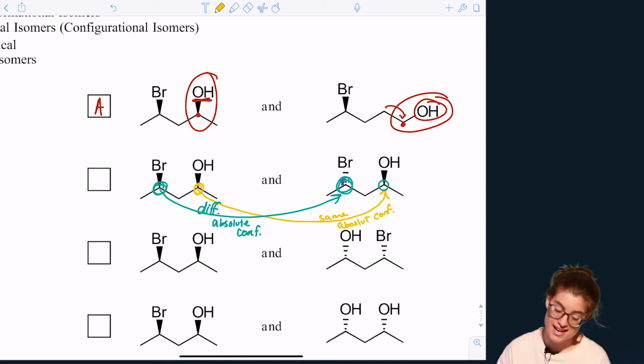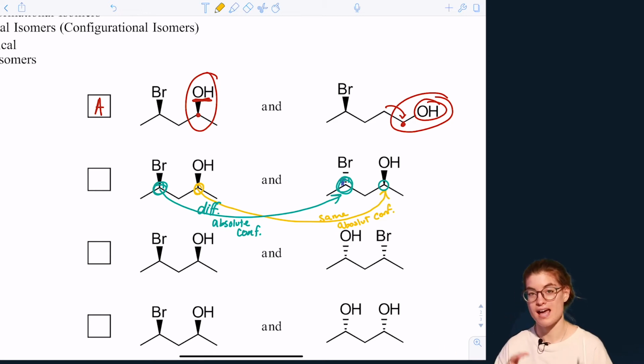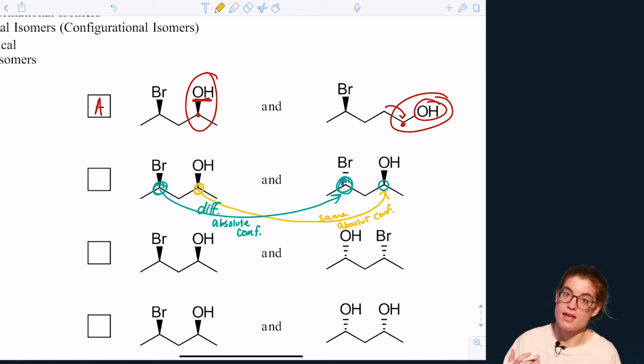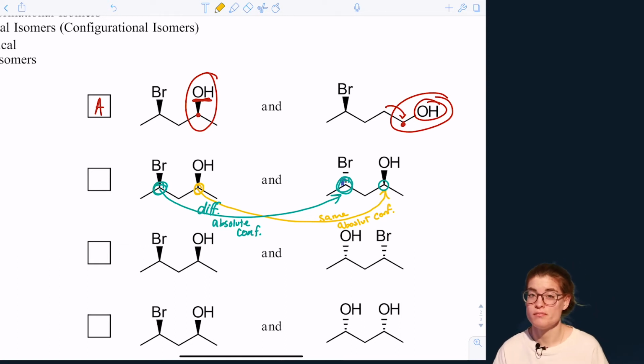They aren't enantiomers because they aren't the other absolute configuration at both chiral centers. And so they fall into that diastereomer category where they are not superimposable and they're not identical. And they're not mirror images. So we know we can eliminate enantiomer and identical.